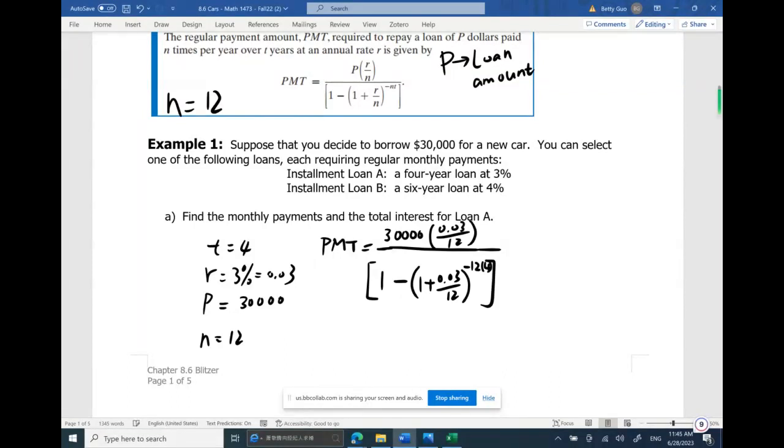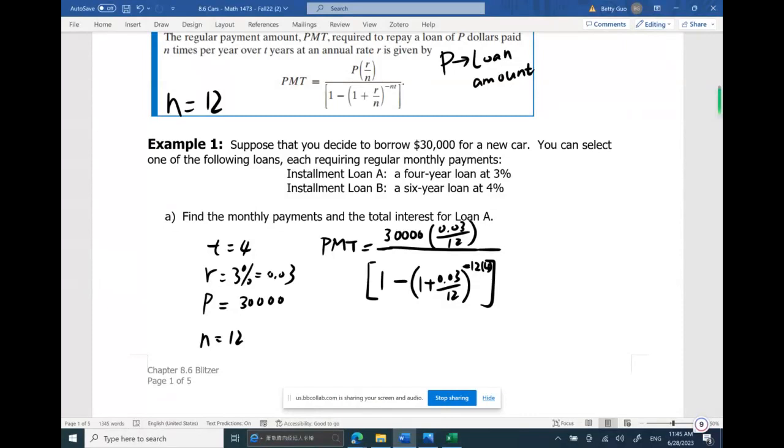Yeah, of course, we know 12 times 4 is 48, right? Yeah, but be careful, it's a negative. The exponent on the shoulder of the compounding factor is negative. And this is the expression we need to evaluate to find the value of the monthly payment for Plan A, car loan option A.